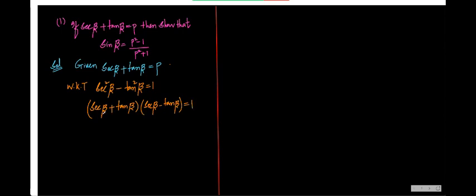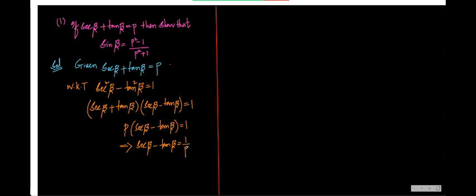But the value of sec beta plus tan beta is already P. So we write here P into sec beta minus tan beta is equal to 1, which implies that sec beta minus tan beta is equal to 1 by P, as this multiple comes to the denominator.